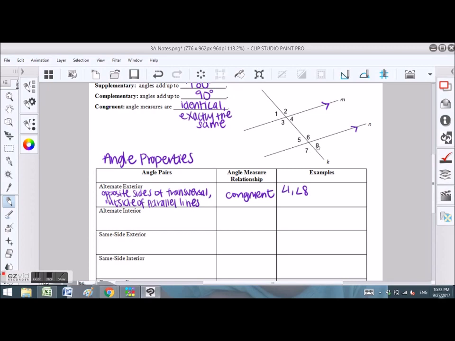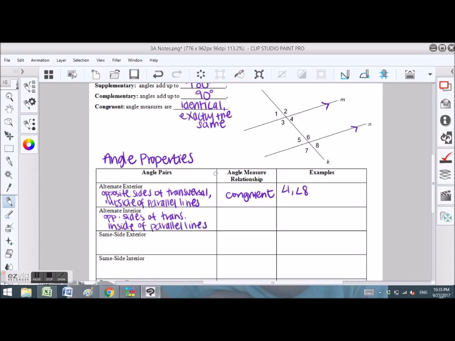Alternate interior angles, remember alternate means opposite sides of the transversal again. And they're on the inside of the parallel lines. So again, now we're looking on the inside.